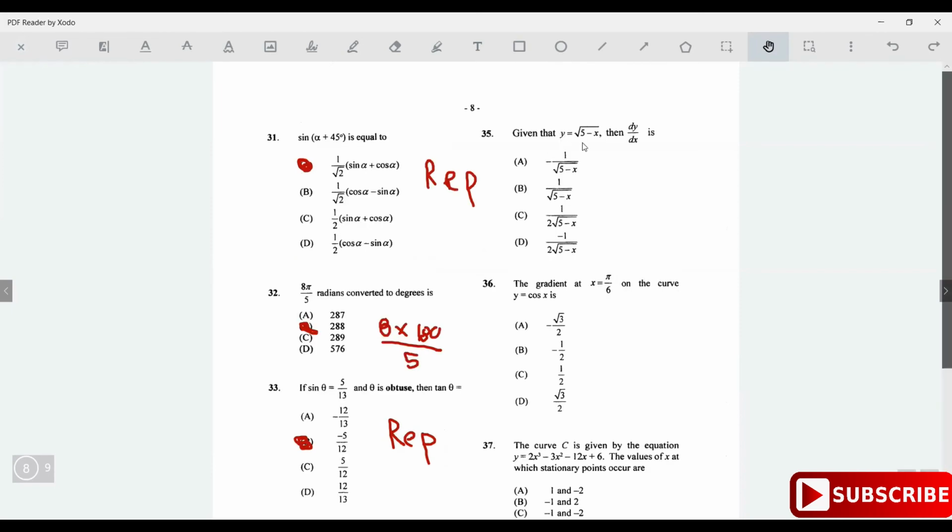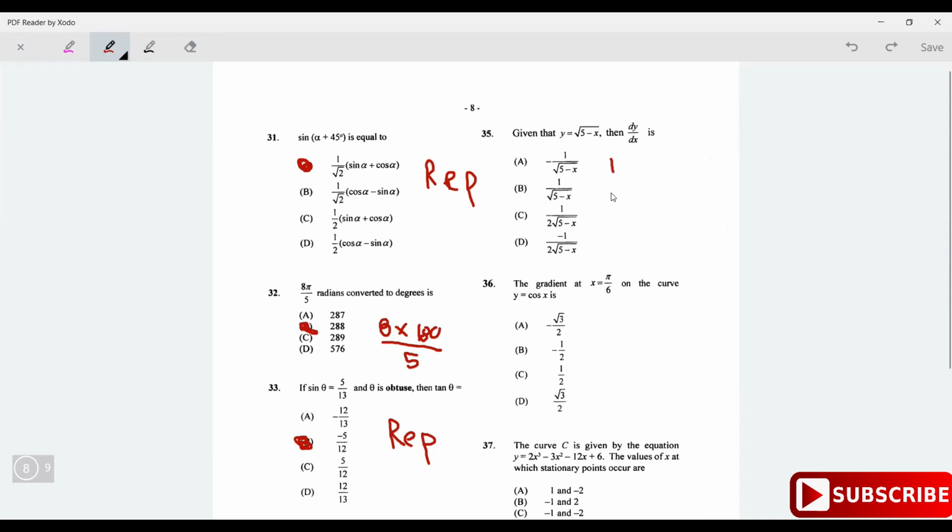It says y is equal to the root of 5 minus x, find dy by dx. dy by dx is carry down the power half, then you subtract 1 from the power, write it as 5 minus x to the negative half, multiplied by the derivative in the bracket, which is minus 1.